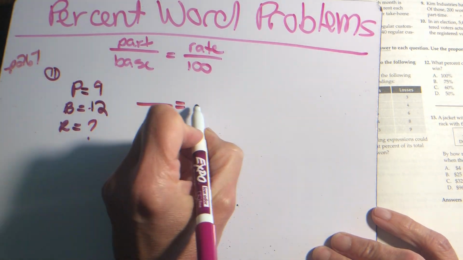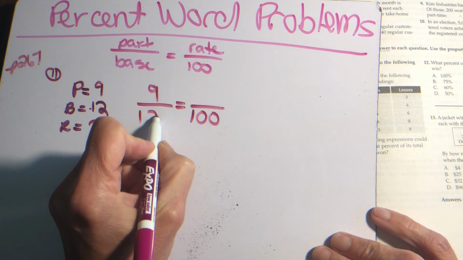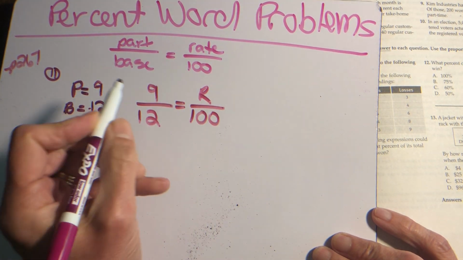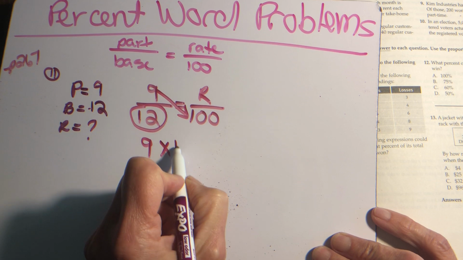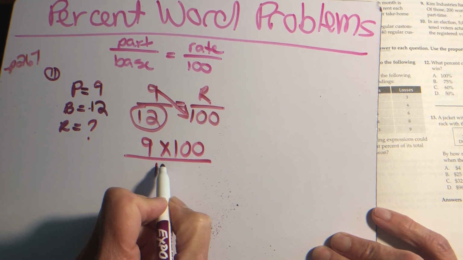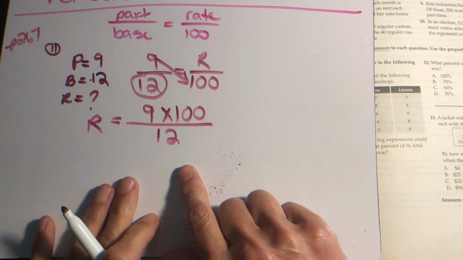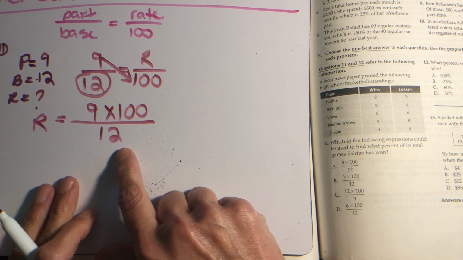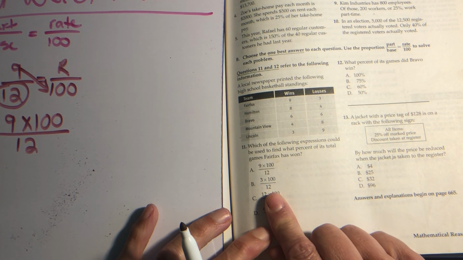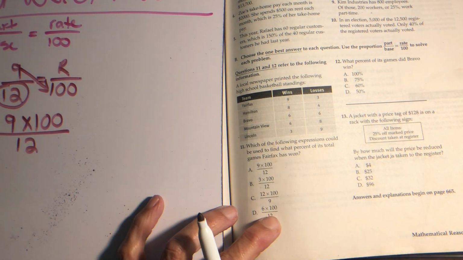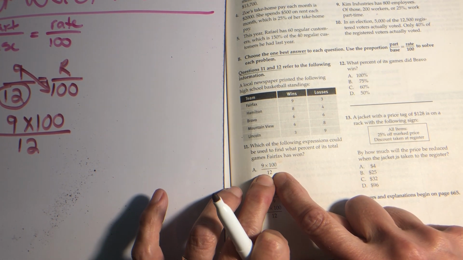So you know it's line equals line over 100, parts on the top, base on the bottom. We're looking for rate, so we're multiplying and dividing. So when you set it up like we talked about in the previous video to find rate, then you got 9 times 100 divided by 12. So you come over here and you look at your choices and you see that you would choose 9 times 100 divided by 12.